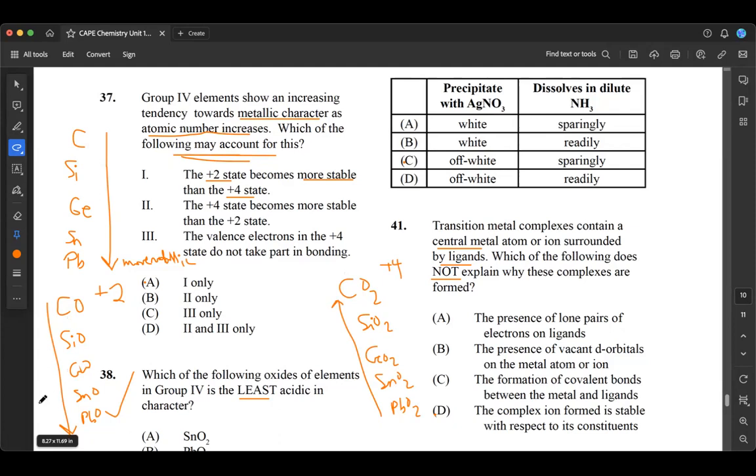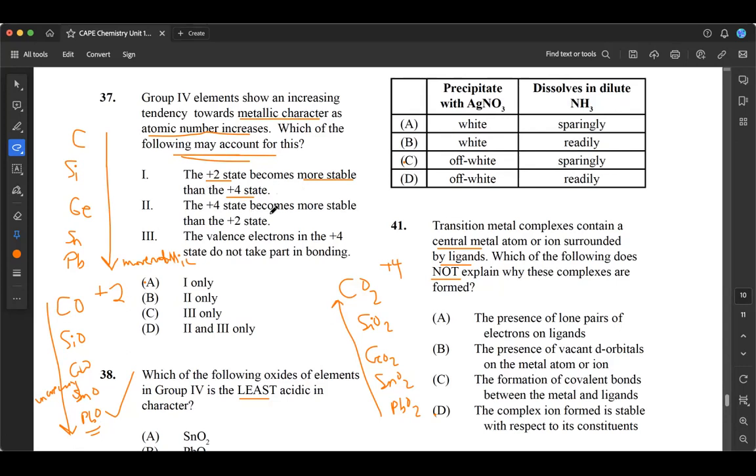So the arrow means increase in stability, right? And so if your +2 state is more stable, that means that you have a metal that can participate in an ionic bond with a non-metal like oxygen. And so that's what we see here, is that Pb really likes being in this state and being a metal that way, okay? So the +2 states become more stable than the +4 state.